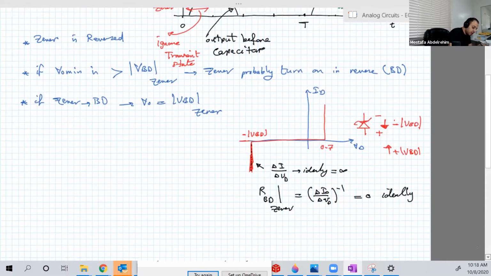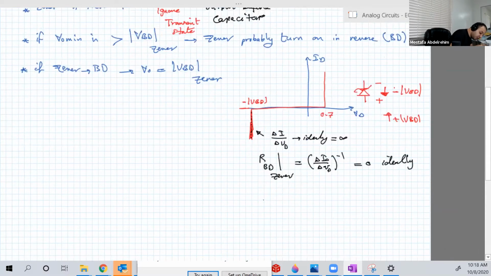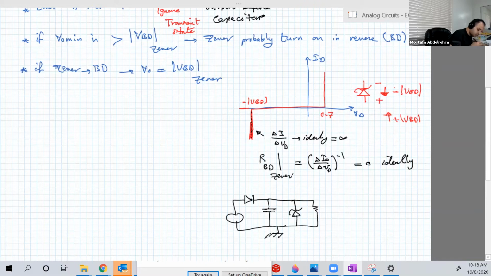So based on that, if we neglect this R and just connect the Zener directly, like this, can anybody imagine what's gonna happen if there is no R here?